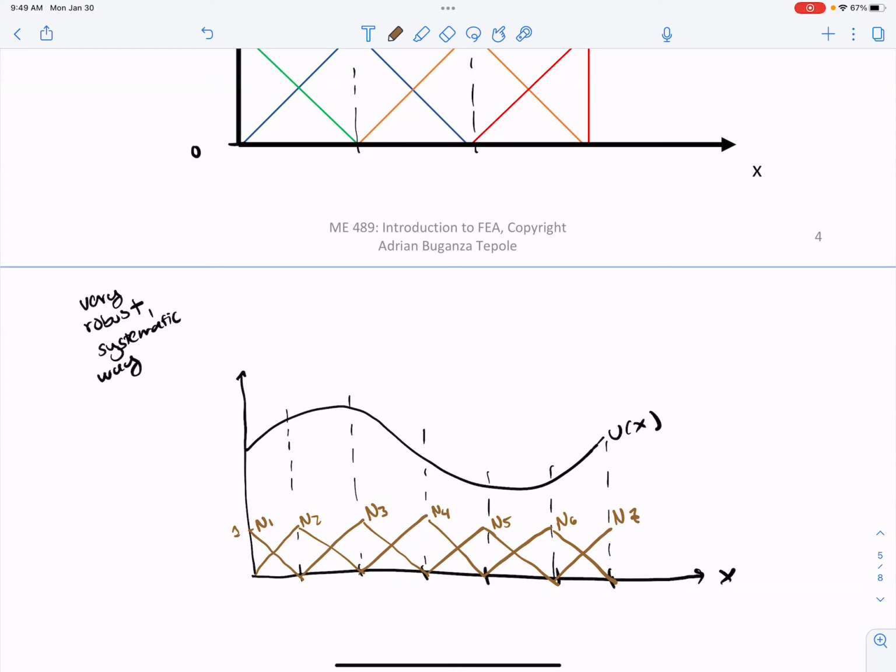And for each of those, I'm going to have a corresponding value. So this is U1, U2, U3, and for every one of these, U4, U5, U6, and U7.